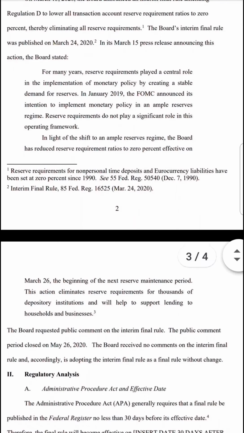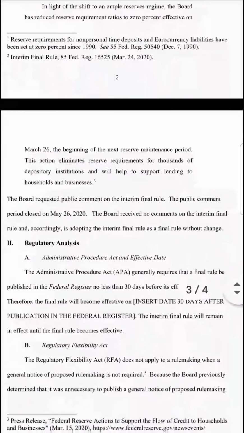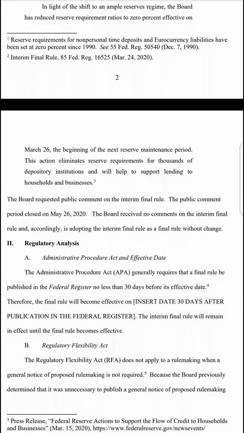In light of the shift to an ample reserves regime, the board has reduced reserve requirement ratios to 0% effective on March 26, the beginning of the next reserve maintenance period. This action eliminates reserve requirements for thousands of depository institutions and will help to support lending to households and businesses.